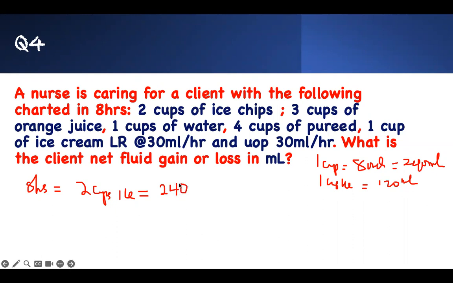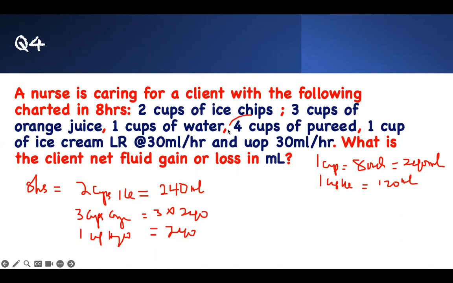3 cups of orange juice. So 3 times 240. 1 cup of water. So 1 cup of water is another 240. 4 cups of puree.